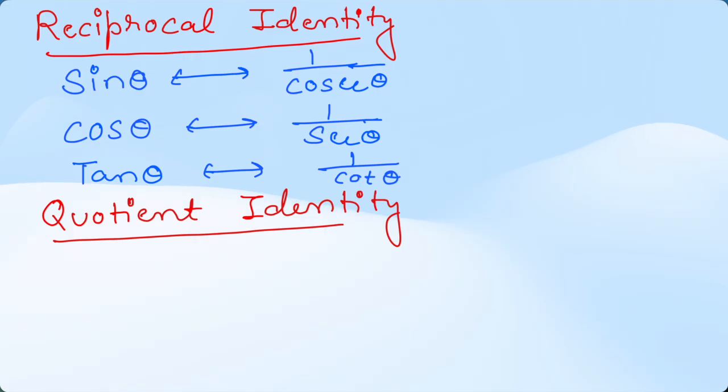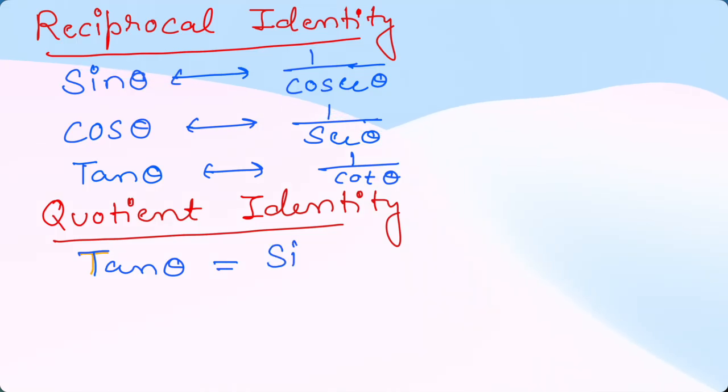Now, what was our quotient identity? Quotient identity says that tan theta can be written as sine theta by cos theta.